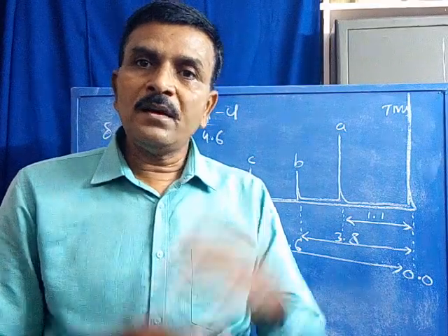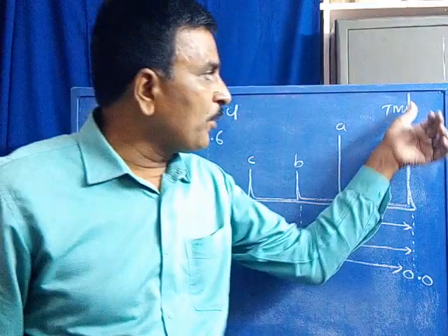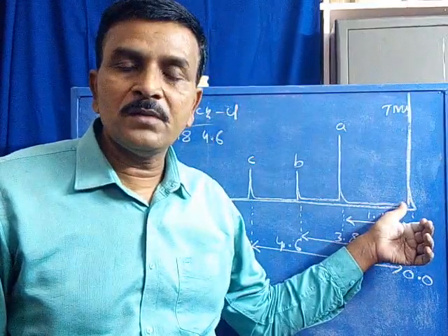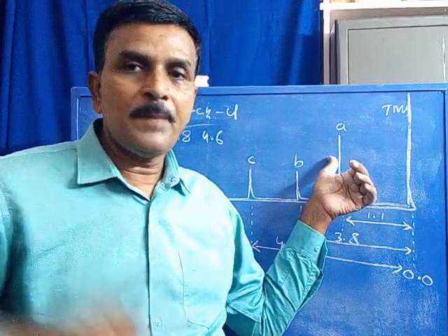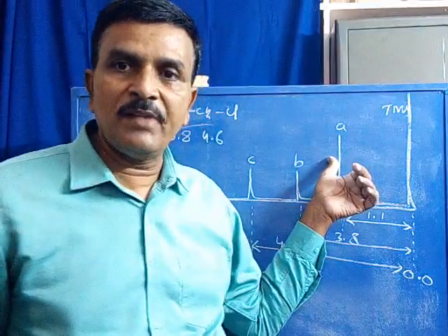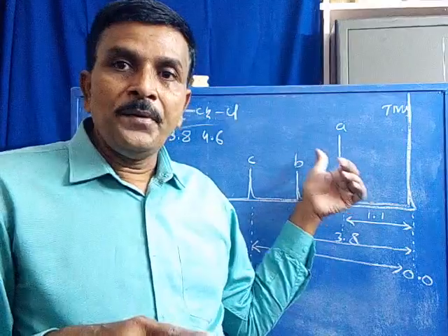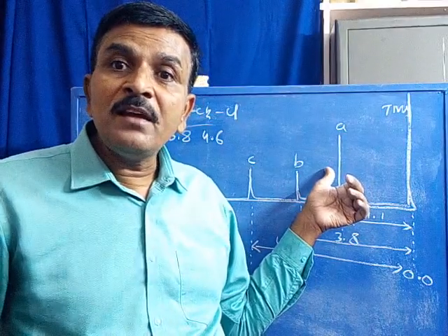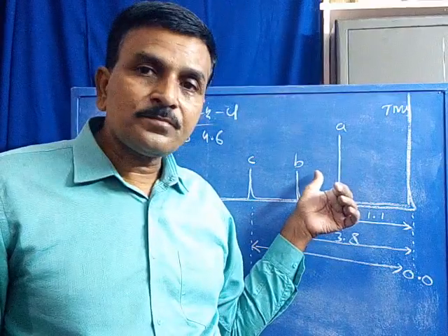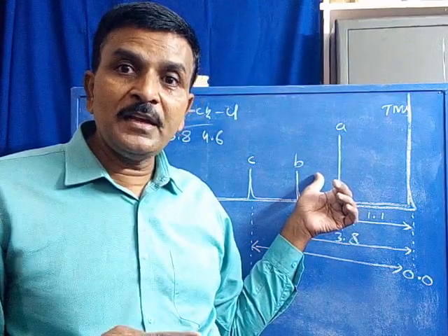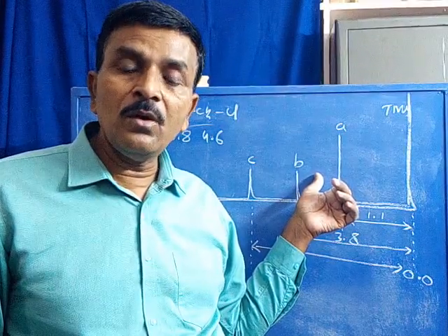Because of the difference in chemical nature, in the same way, the chemical environment of protons of TMS is different from the chemical environment of protons of the sample. Chemical environment is nothing but electron density difference. Therefore, due to the difference in the chemical environment, sample protons are shifted from 0.0 to somewhere. Are you following? Just like TMS, we expect our sample proton signals to appear at 0.0.